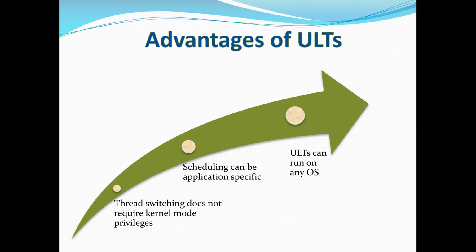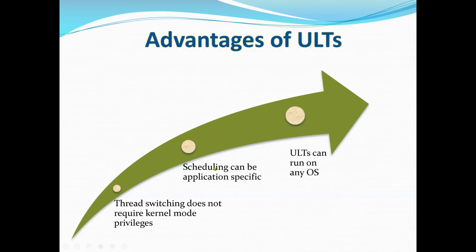Therefore, the process does not switch to kernel mode to do thread management. This saves the overhead of 2 mode switches, that's user to kernel and kernel back to user.